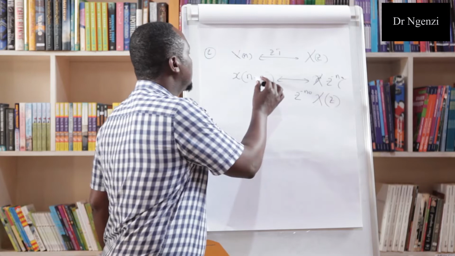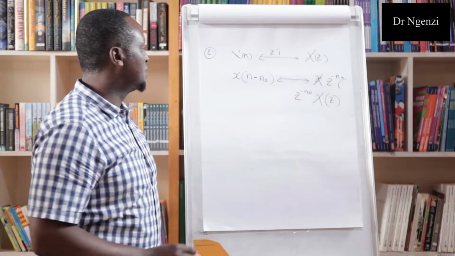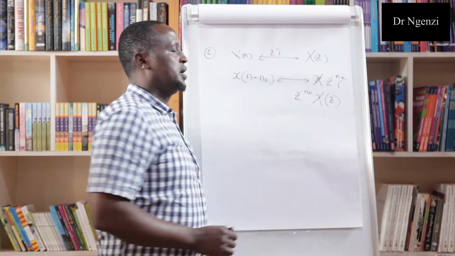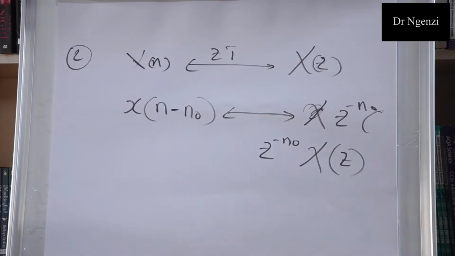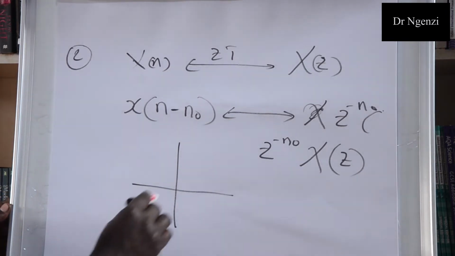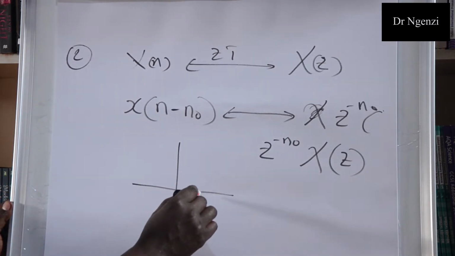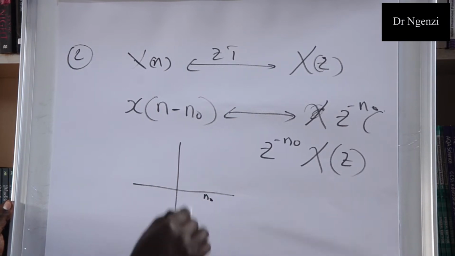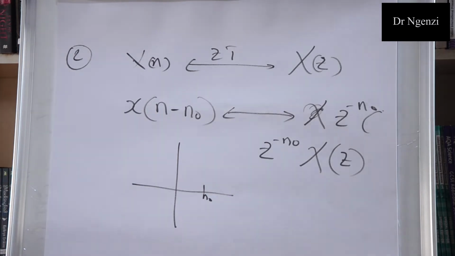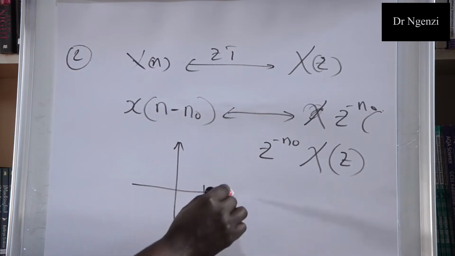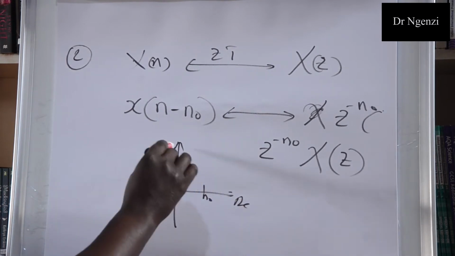So we have shifted to the right by n0. If the value was supposed to be n, then it is shifted right at n0, for example at any value n equal to 0. So in this case, you have to remember this.